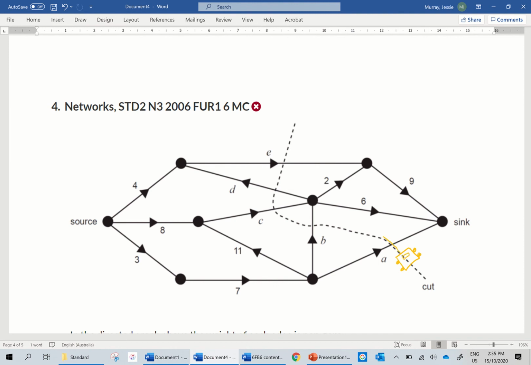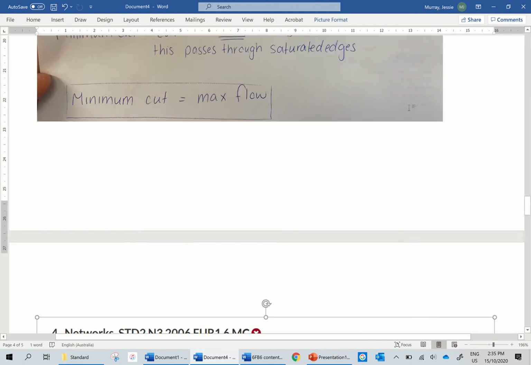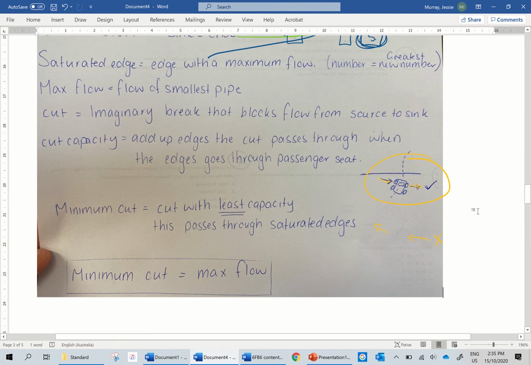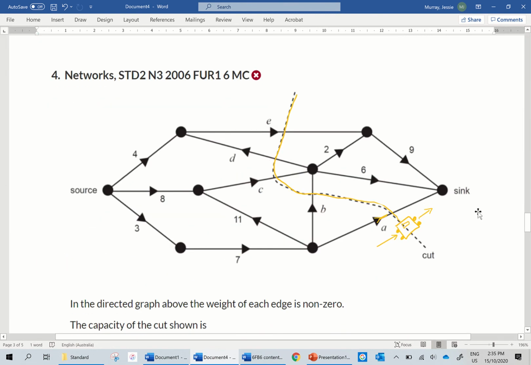When the car travels up through the cut, the edges that you count in your cut are the edges where the edge or the arrow comes through the passenger door and out the driver's door, which is what my little diagram here meant. So I put a tick because we count it if it passes through the passenger and out the driver. We don't count it if it goes through the driver and out the passenger. We don't count that edge. So it's just a nice little trick to remember whether you count the edge or not.